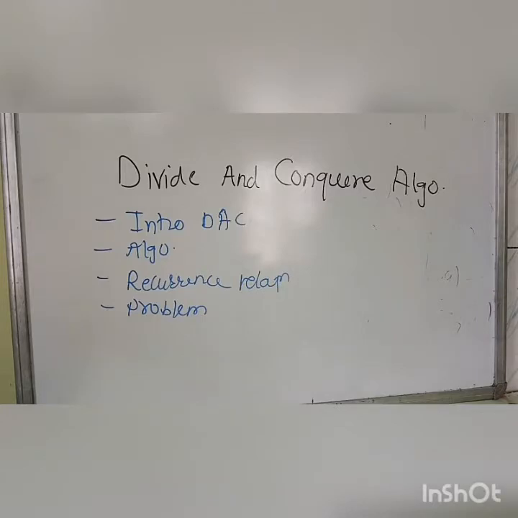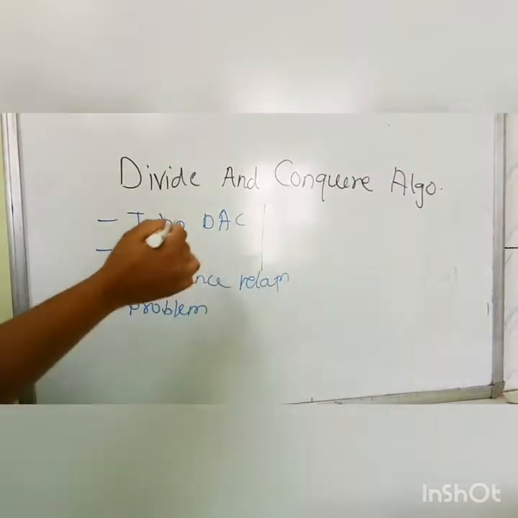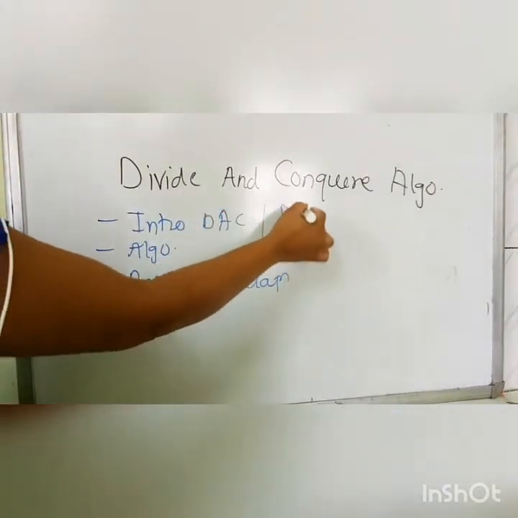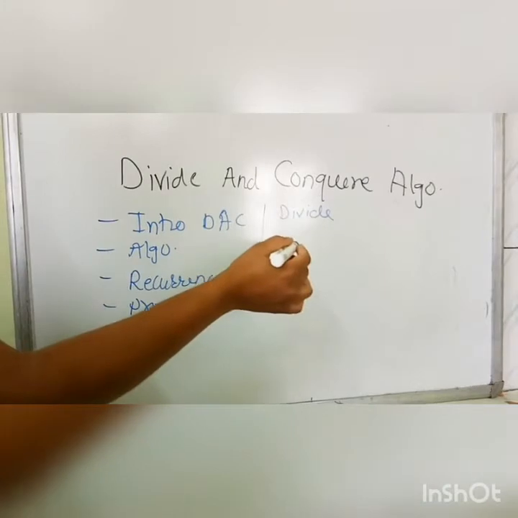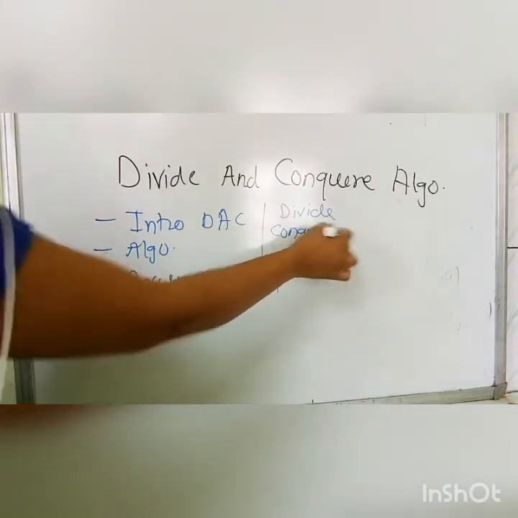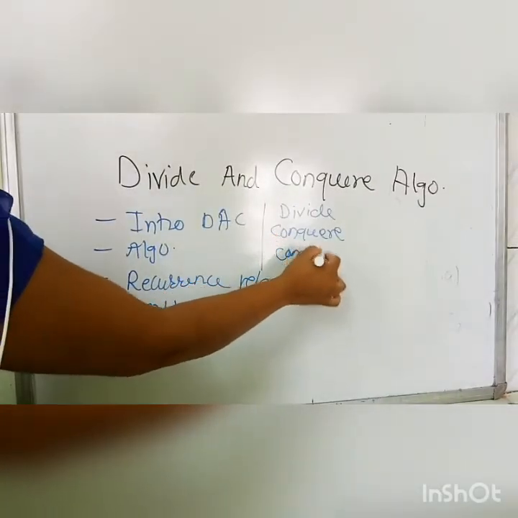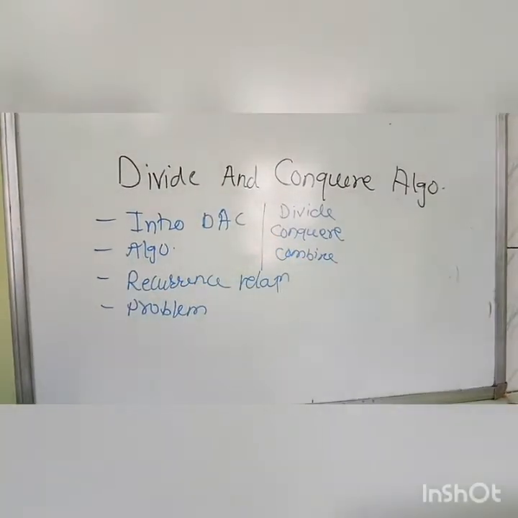The introductory part or the basic mechanism of the DAC can be divided into three parts: first is the divide, second is the conquer, and third is the combine method. So what is the divide?